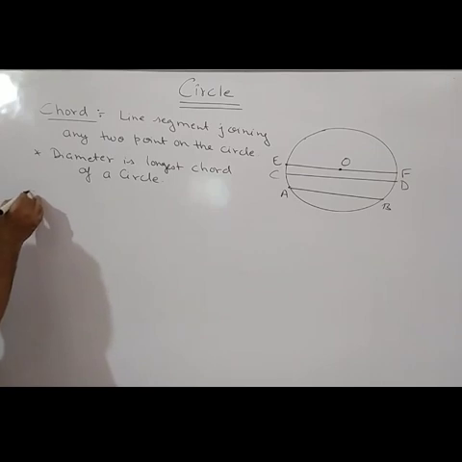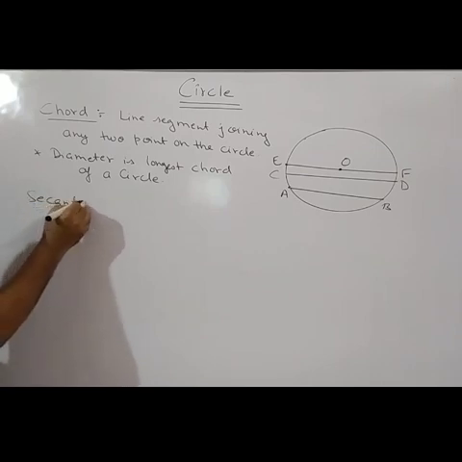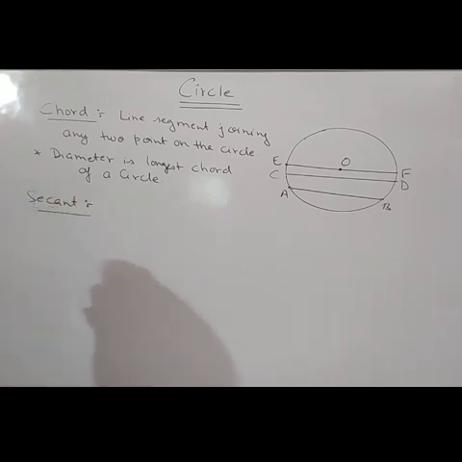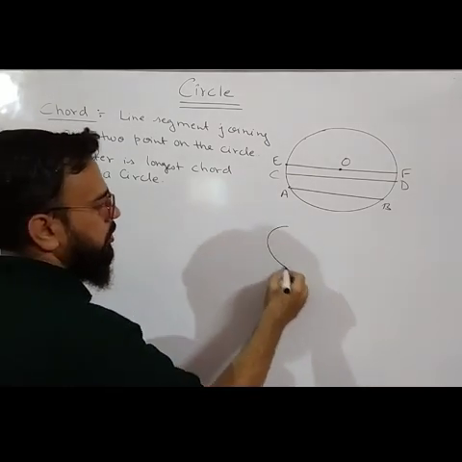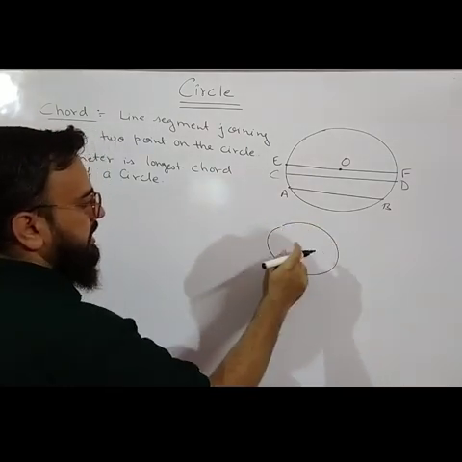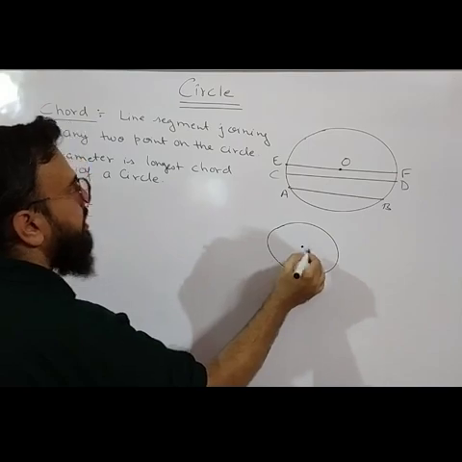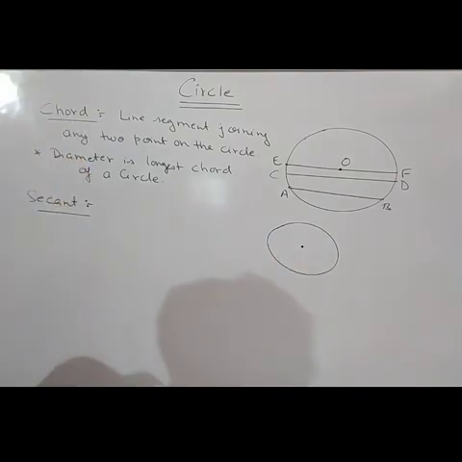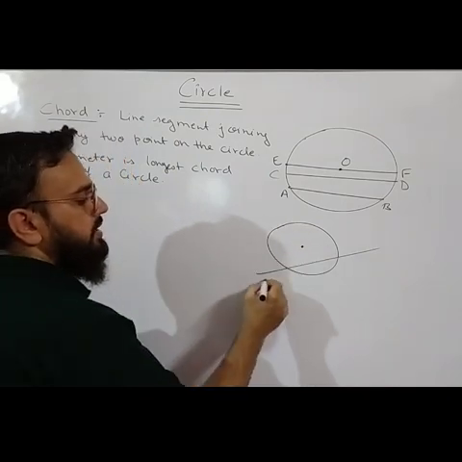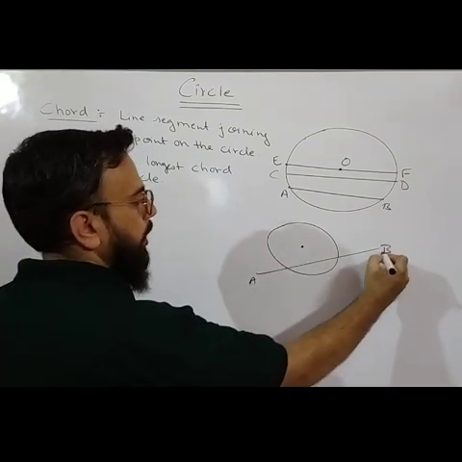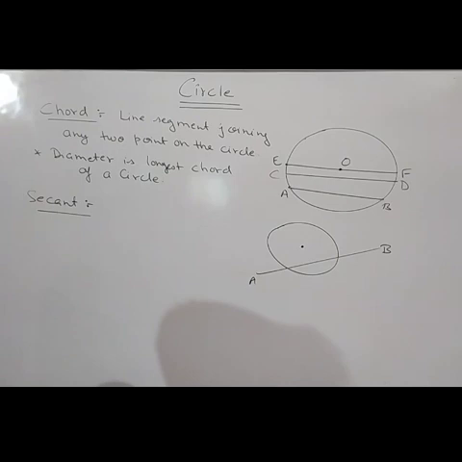Now the next term is secant. What is secant? If we extend the chord on both sides, in the chord we were discussing the line segment. Now any line which intersects the circle at any 2 points is called secant.